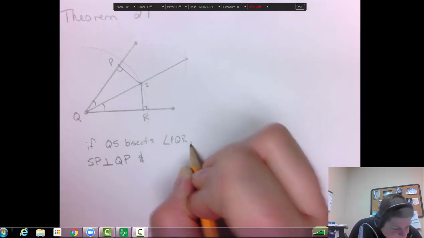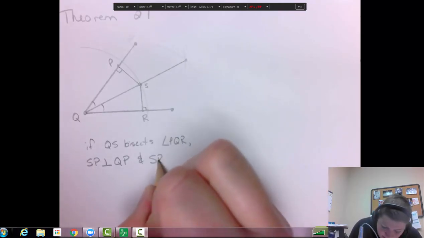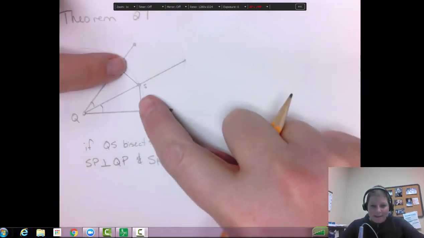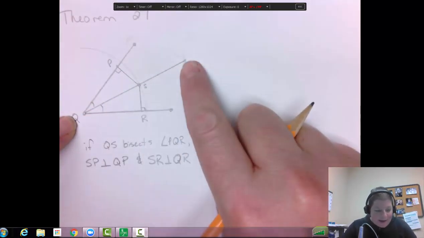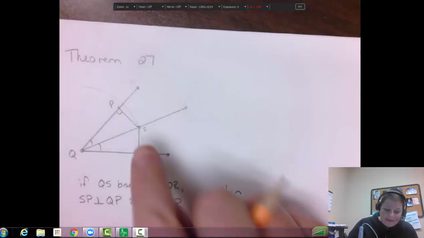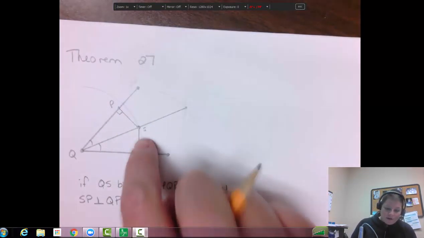And our last bit of information we're given is SR is perpendicular to QR. So if we have two perpendiculars and this is the angle bisector, then we'll know that these two are congruent.